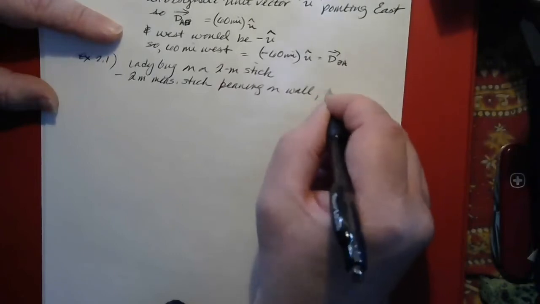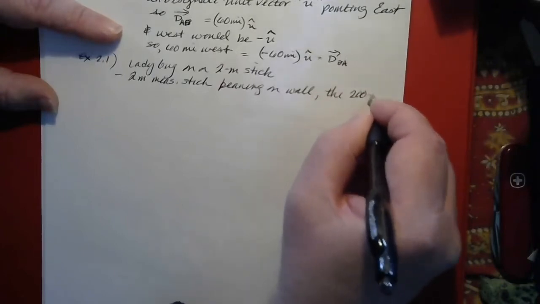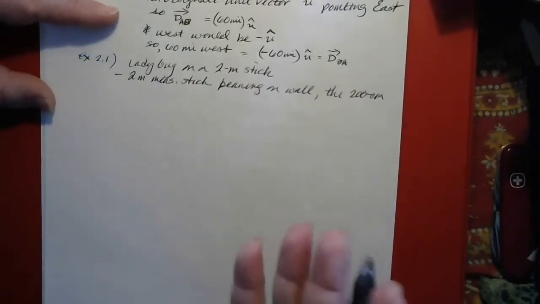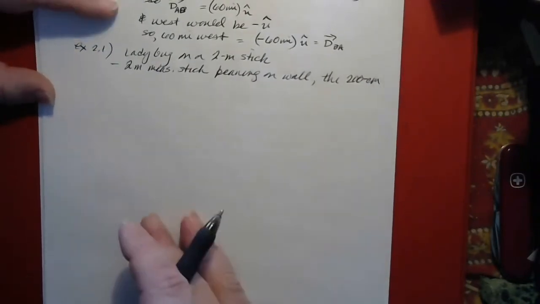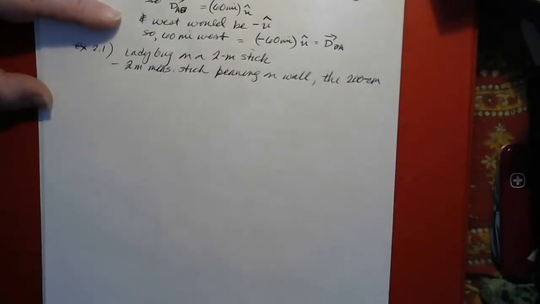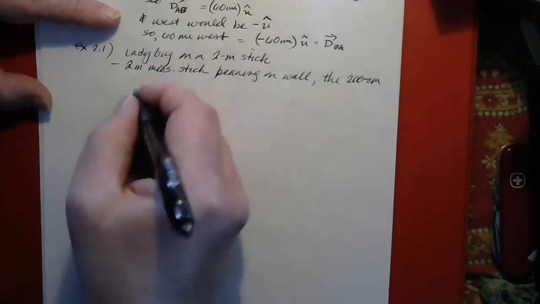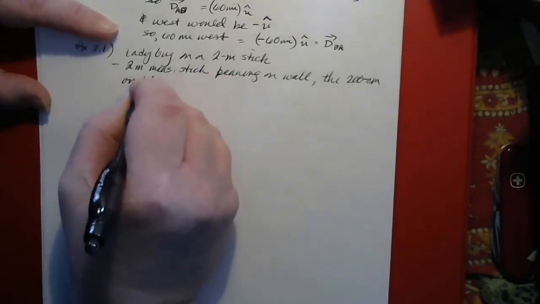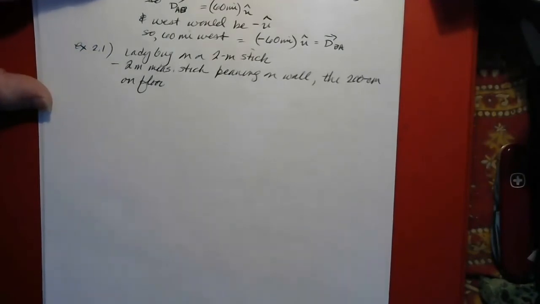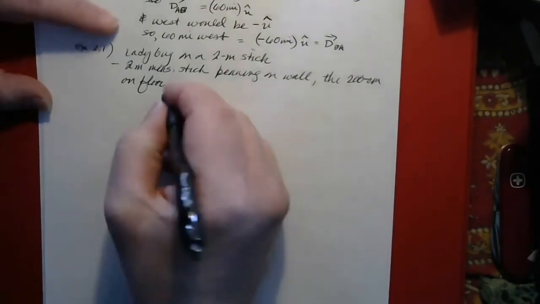And the 200 centimeter end, because remember 200 centimeters is 2 meters, so the maximum numbered end of the stick is on the floor. And that means that the 0 meter end is against the wall.